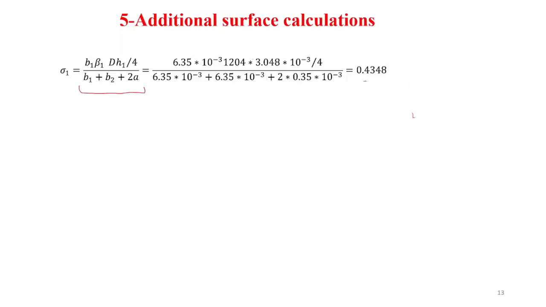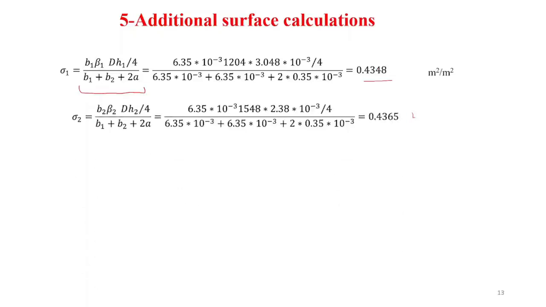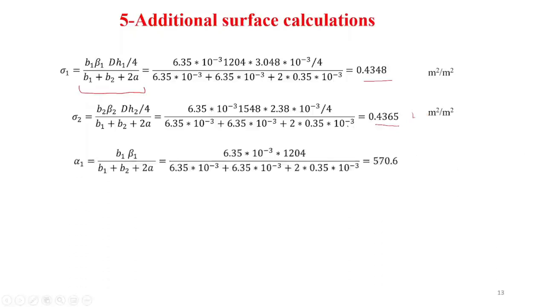So we get sigma for side 1, this value, in terms of meter square by cubic meters, and do the same thing for sigma 2, which is the free flow area divided by the frontal area. So we also get 0.4365 meter square by meter square for side 2.